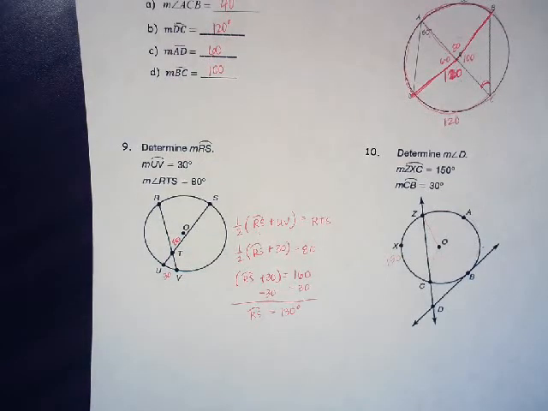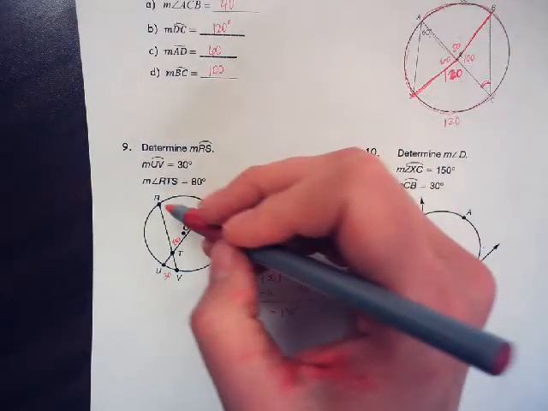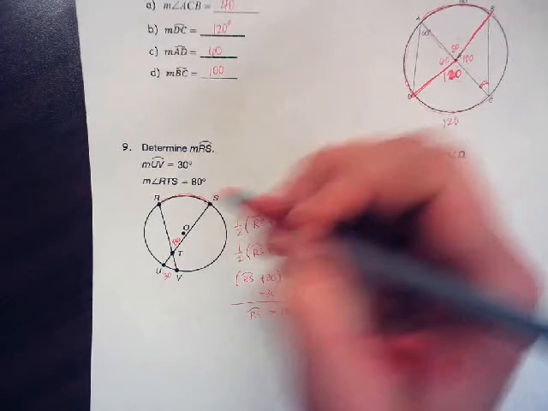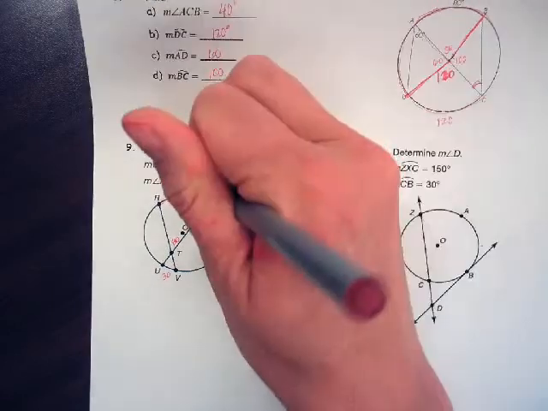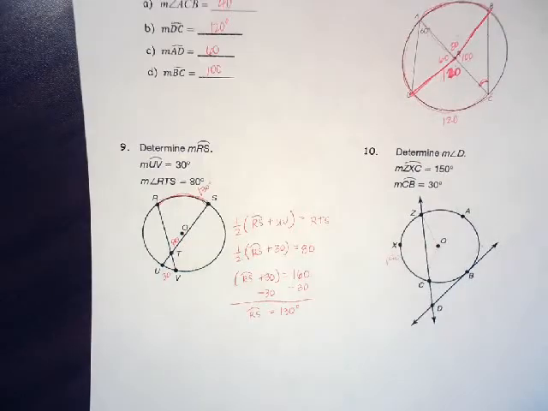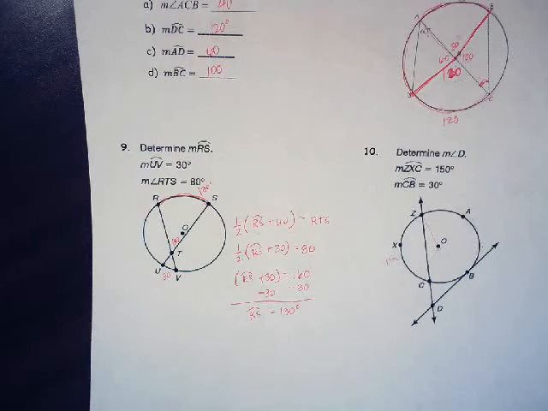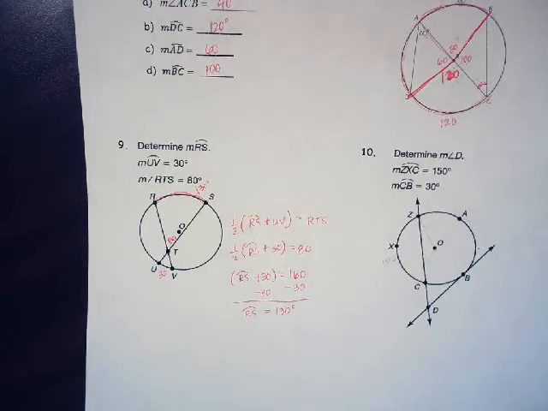It doesn't look like it is, but that would be the measure of this arc right here, 130 degrees. Probably some of our numbers look a little bit odd here to make the picture look real, but with math we sometimes just have to go with what the problem says.